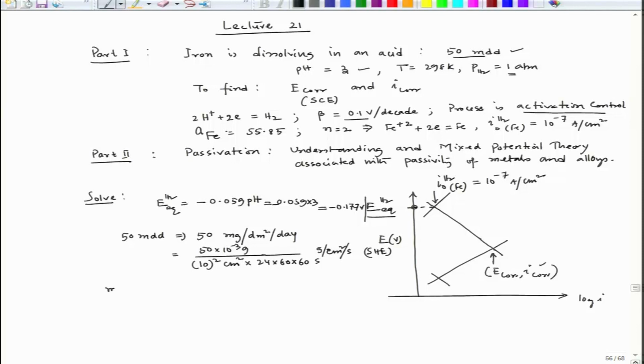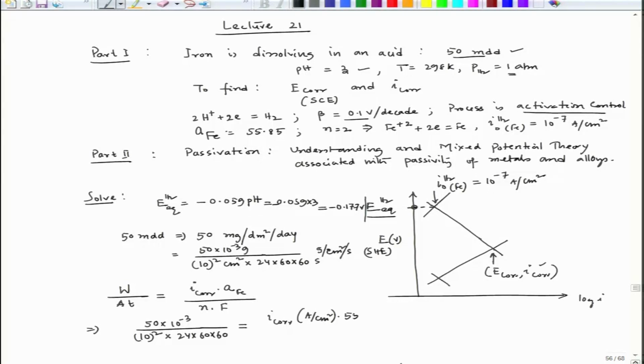So, mdd can be expressed with this W by A t equal to I core times atomic weight of iron divided by n F. Now, this side is 50 into 10 to the power minus 3 divided by 10 square into 24 into 60 into 60 equal to I core ampere per centimeter square.